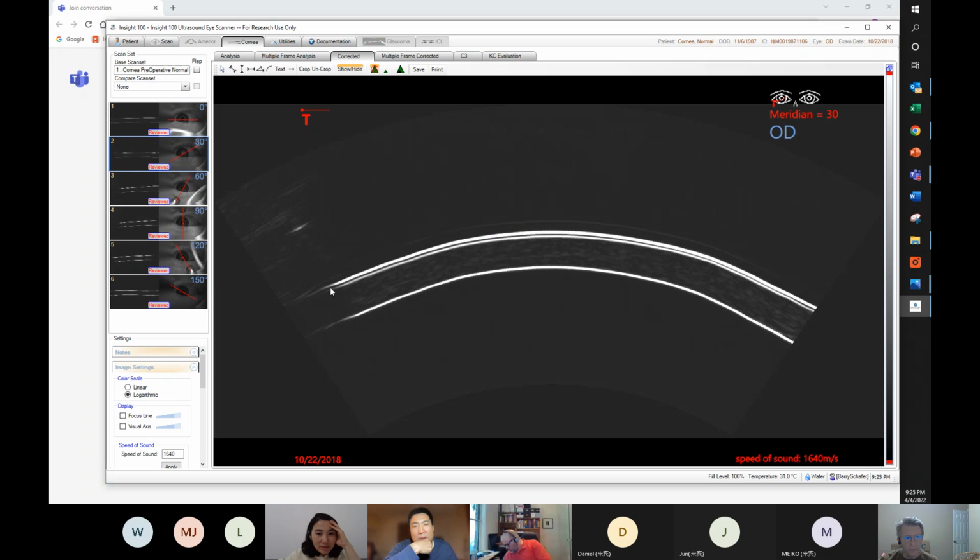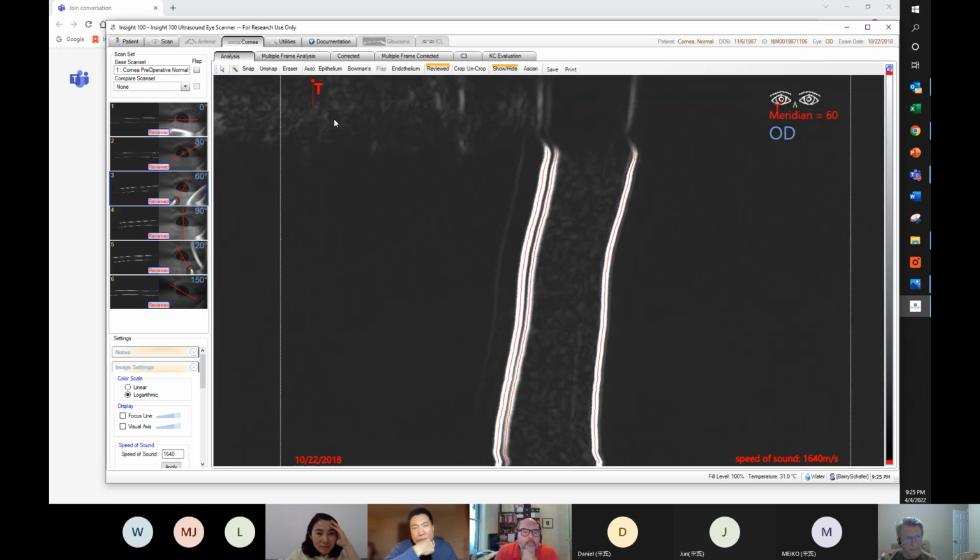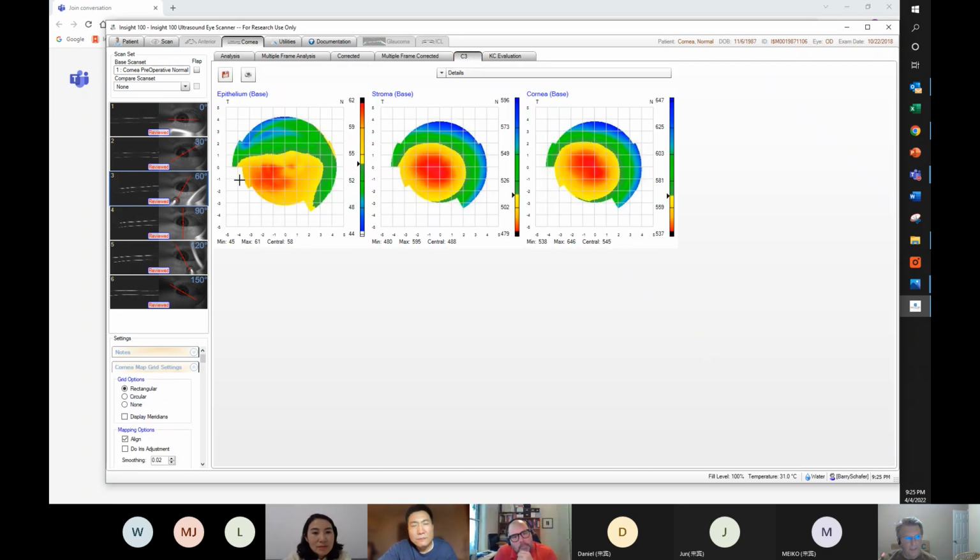The corrected view would be similar to what you would see with an OCT. And again, over here on the left side, you've got some lid in the way. The next image, same thing, more lid. When I go to the map, now I come up to the top. You see how it's blocked out right here? That's because that lid was in the way down there.